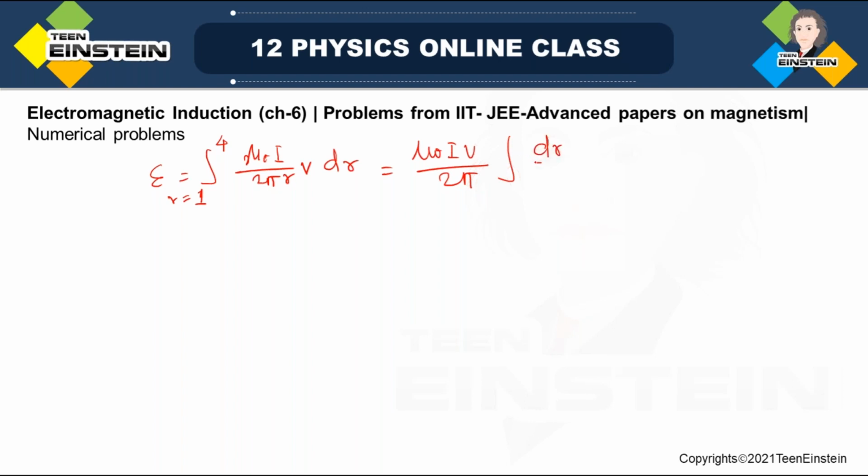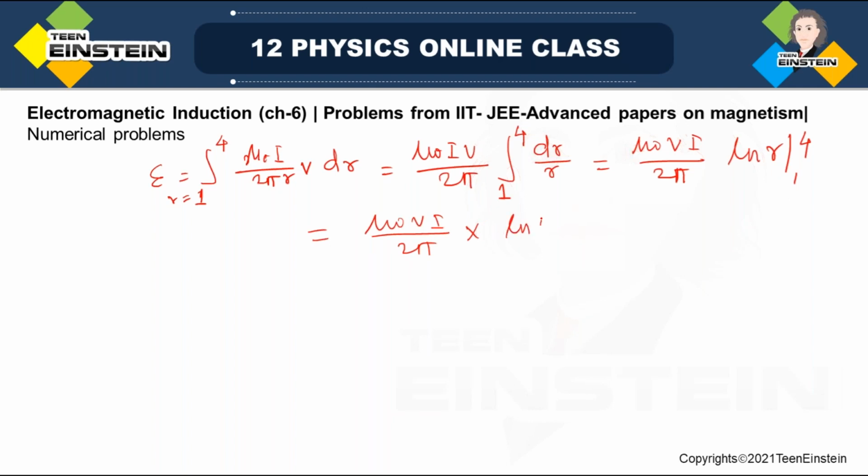So here dr by r, and the limit of r is 1 to 4. So this is mu 0 v I divided by 2 pi and ln r, limit 1 to 4. ln 1 is equal to 0. So it is actually mu 0 v I by 2 pi into ln 4.